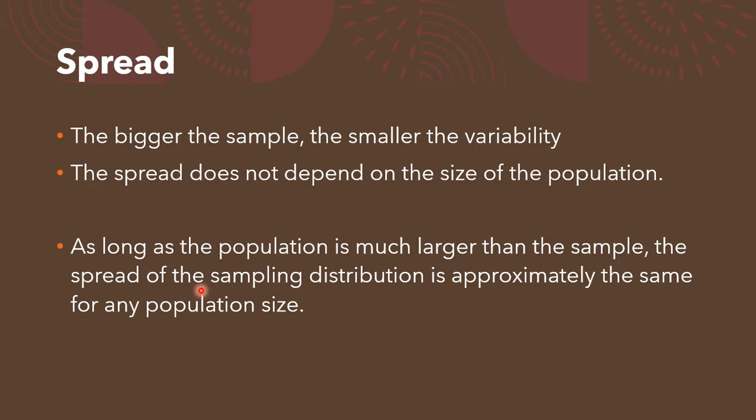I could take a sample for people in San Diego, and I could take a sample of people in California. I could make either one have a smaller variability depending on how large of a sample I do for that one. So it's not a percent of the population. It's just the larger the sample, the less variability you have.